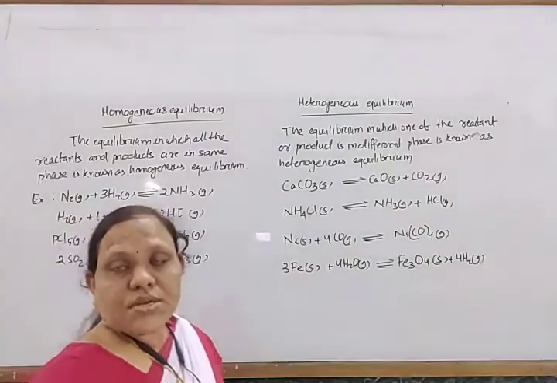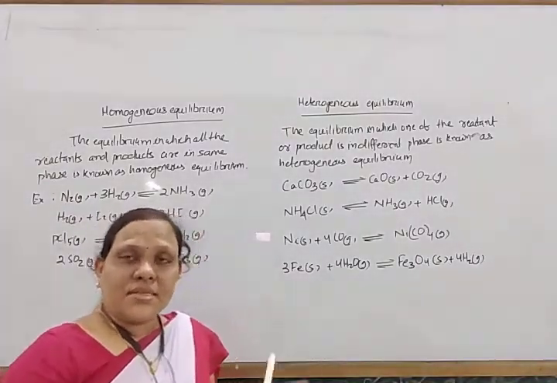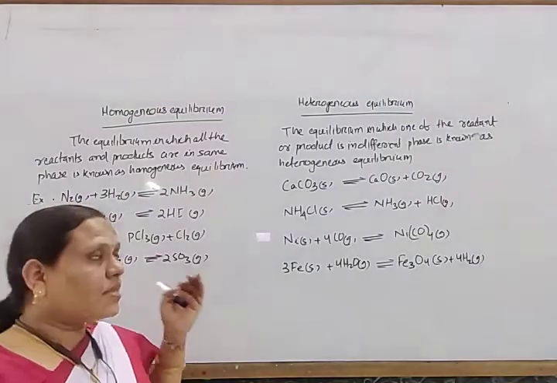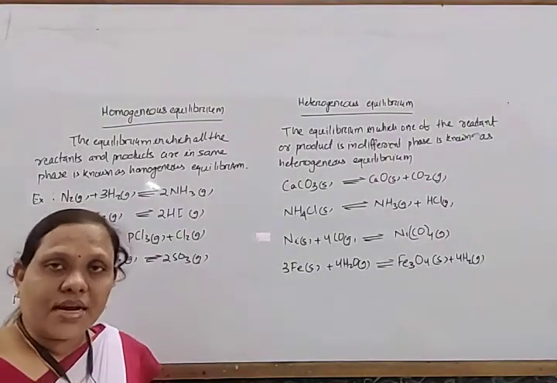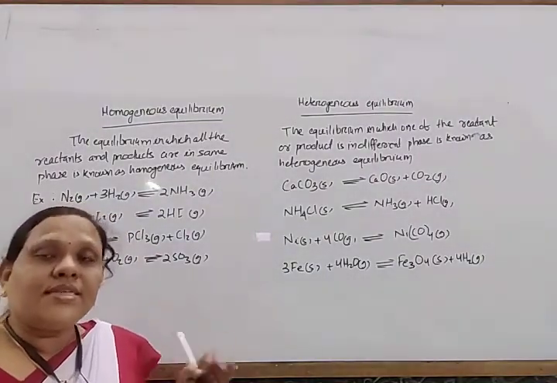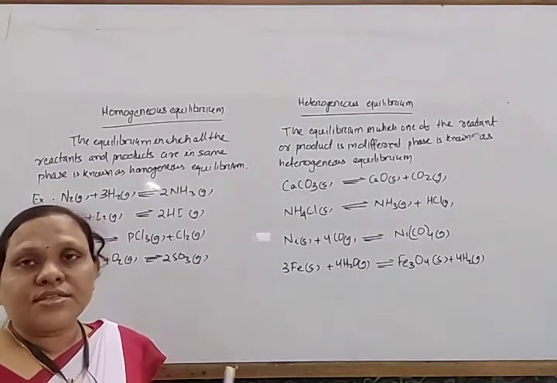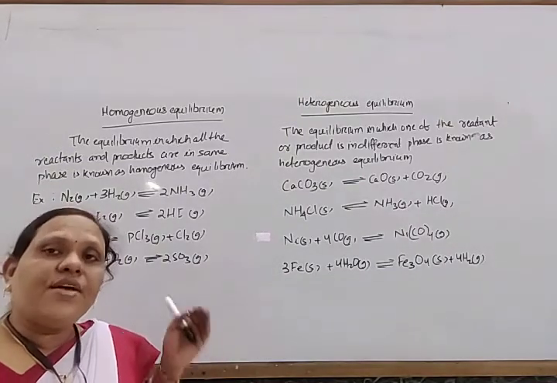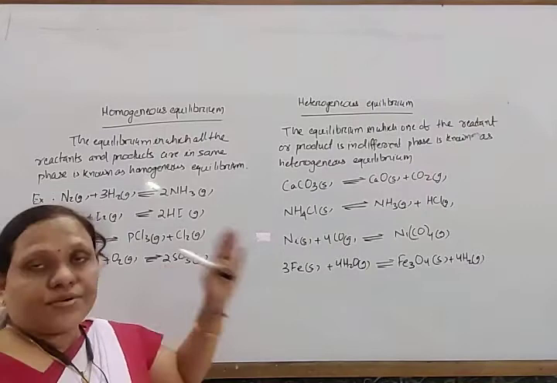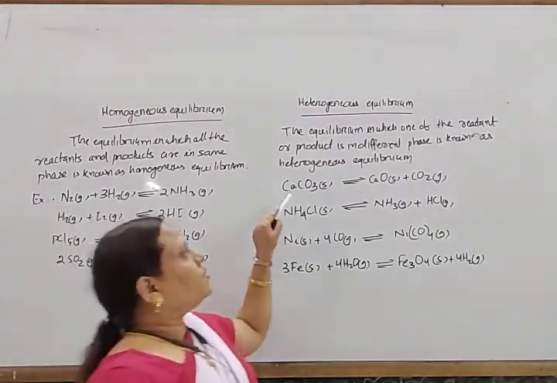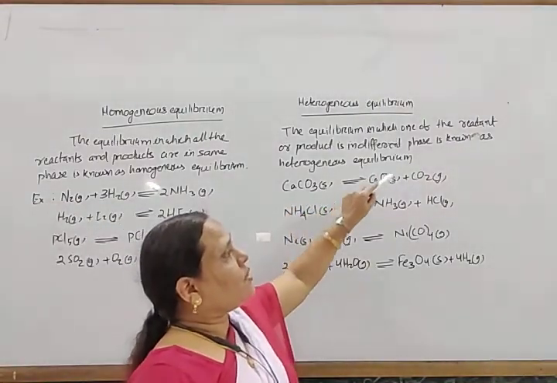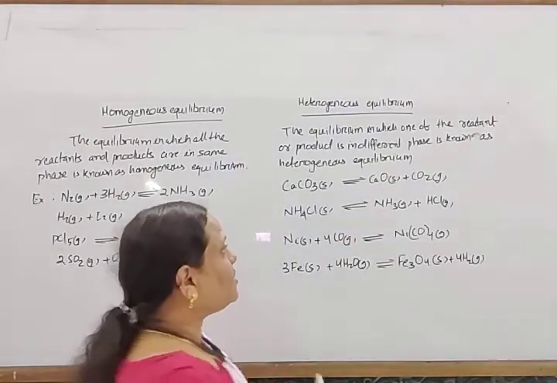And heterogeneous equilibrium: the equilibrium achieved in a reaction in which one of the reactants or products is in a different phase, that is either in solid or liquid phase, is known as heterogeneous equilibrium. So CaCO3 solid gives CaO solid plus carbon dioxide gas.